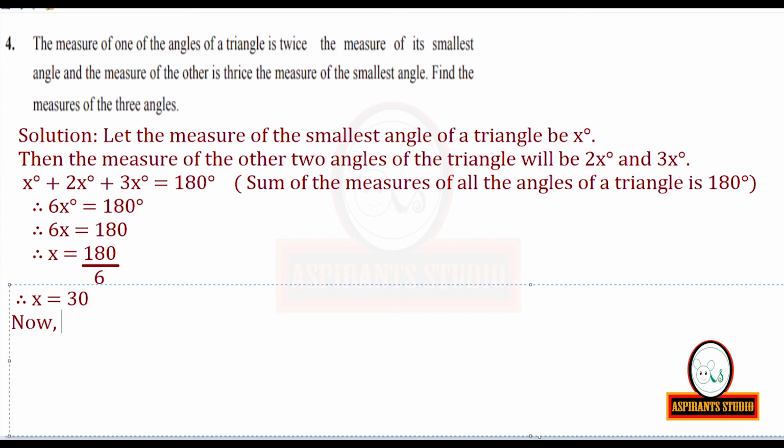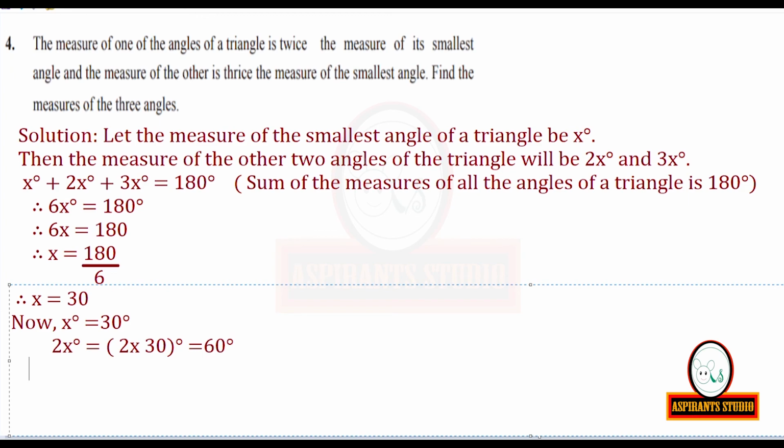Now, calculate the value of x degrees, 2x degrees and 3x degrees. X degrees will be 30 degrees. 2x degrees will be 2 multiplied by 30, that is equal to 60 degrees.